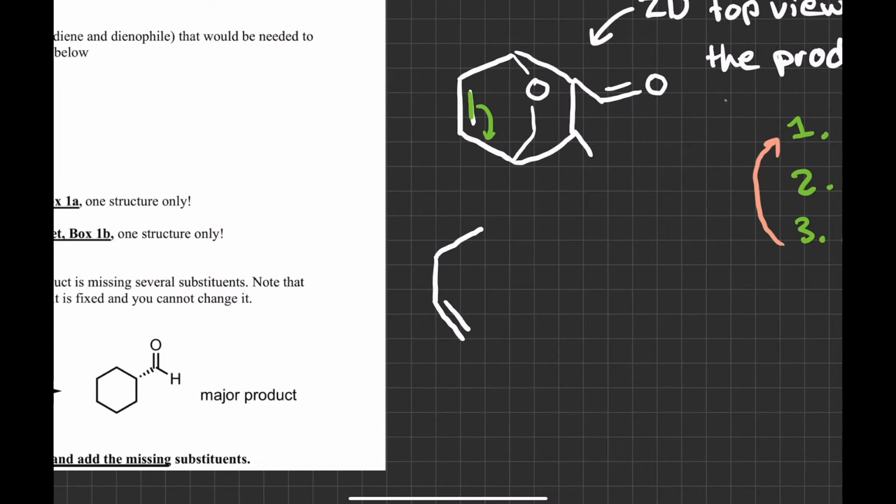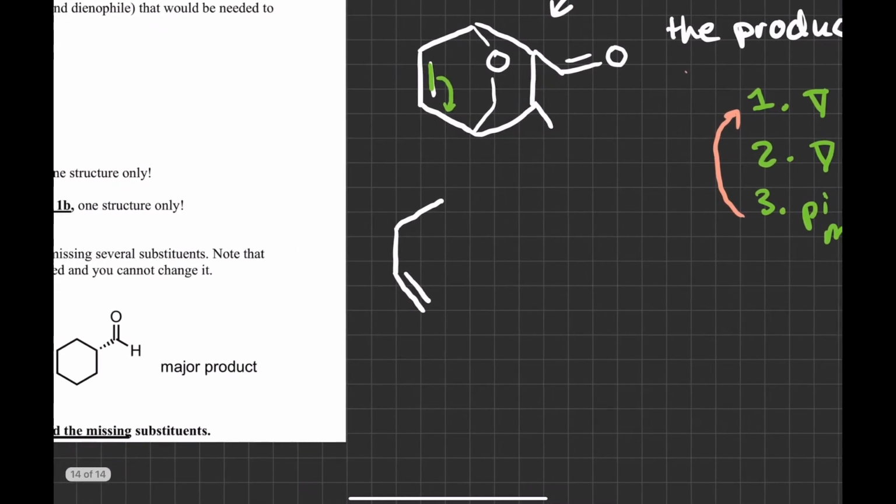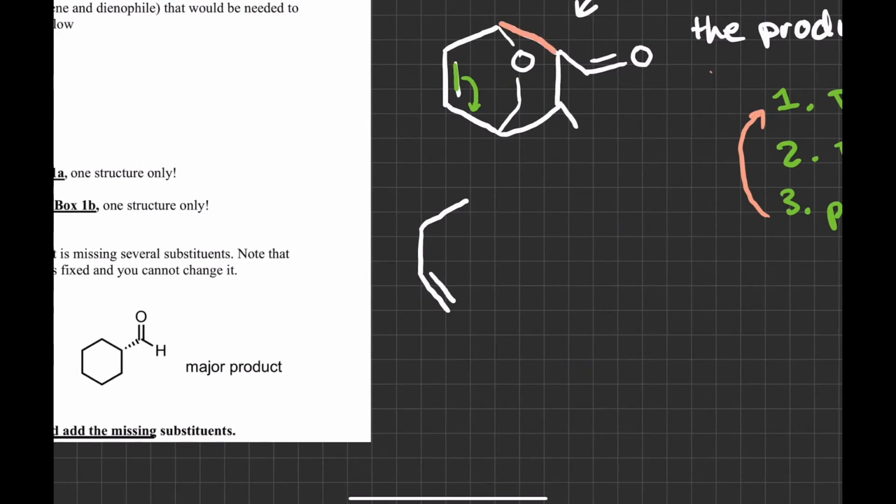So the sigma bonds that are formed between the diene and dienophile are here and here. And the sigma bond formed here came from a pi bond over on this structure. So let's draw this out. We're putting this pi bond back, and notice in the middle there's a bridgehead structure.